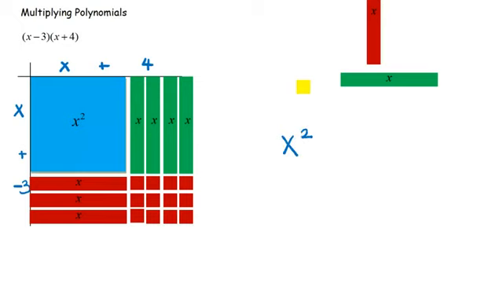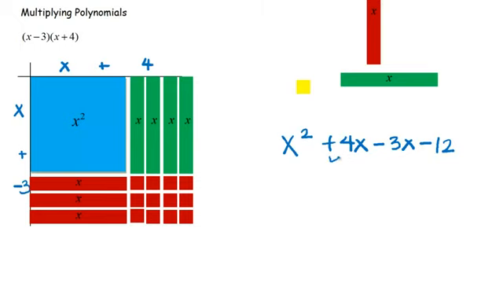And then this is 1, 2, 3, 4 x's, so plus 4x. Down here I have 1, 2, 3 x's, except those x's aren't positive, they're negative, so I put in minus 3x. And then I've got these 12 down here. Notice it's a 3 by 4 rectangle, and they're negative 12 units.